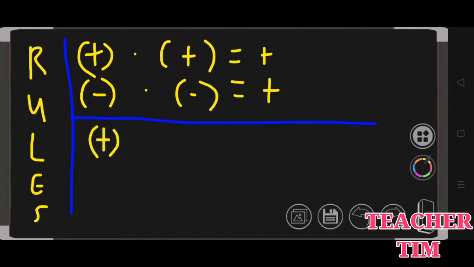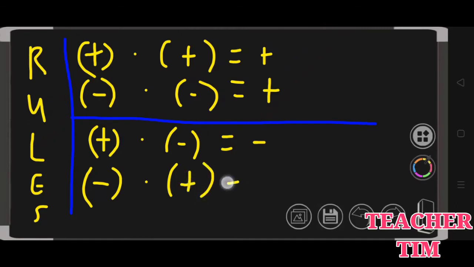Another rule is when you multiply a positive number to a negative number, it would give you a negative result. While when you multiply a negative number to a positive number, the answer is also negative.